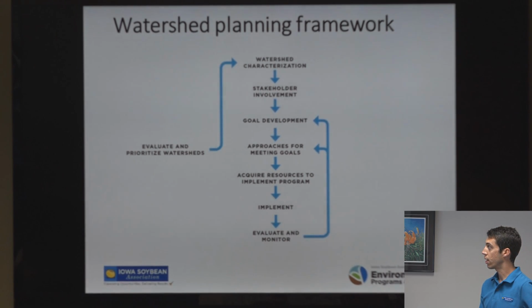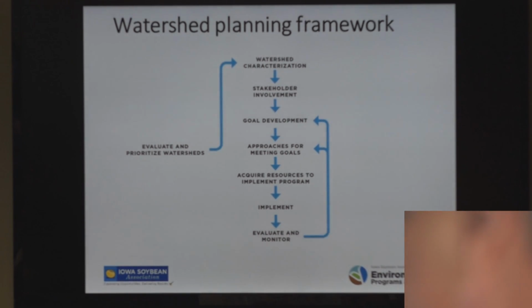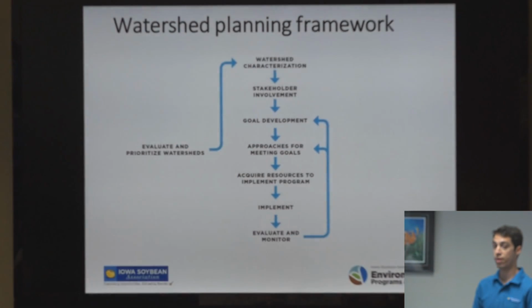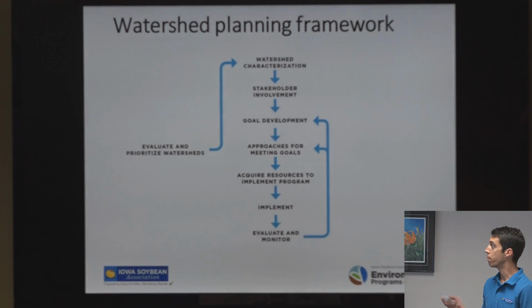Something like the WQI projects, where local soil and water conservation districts and groups have submitted proposals to Iowa Department of Agriculture and Land Stewardship based on their desire to bring additional resources for conservation into their watershed, can also be another way to prioritize watersheds.